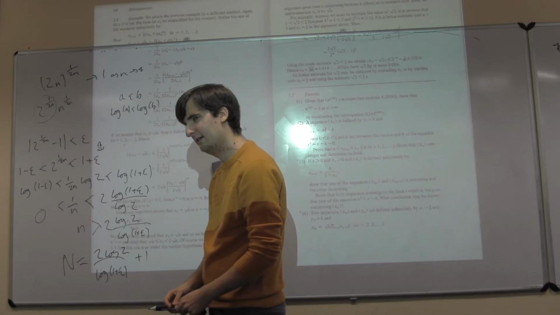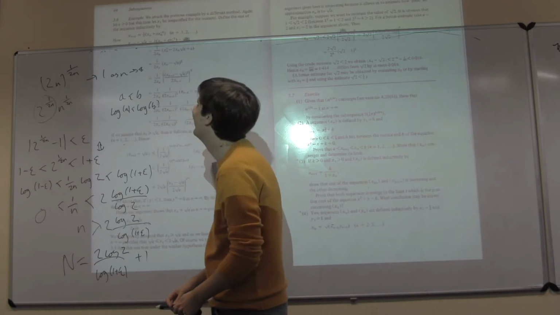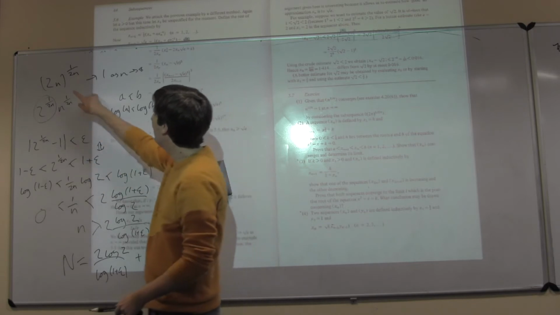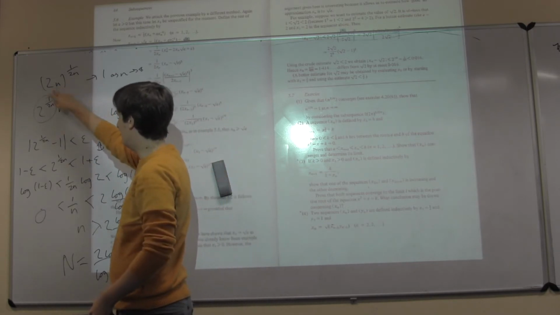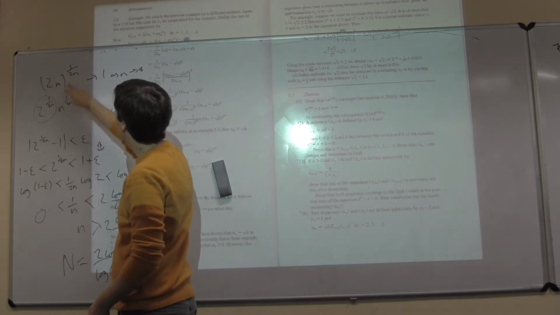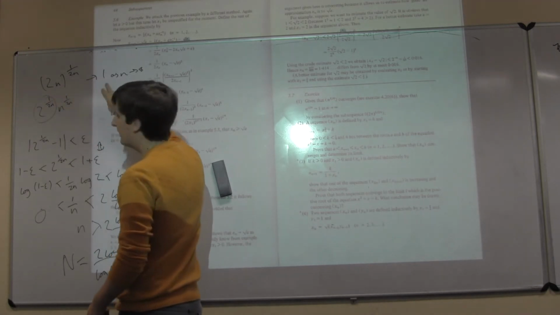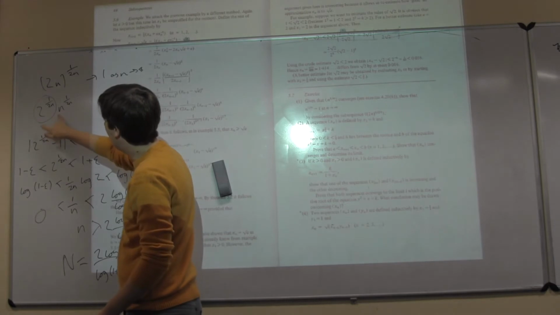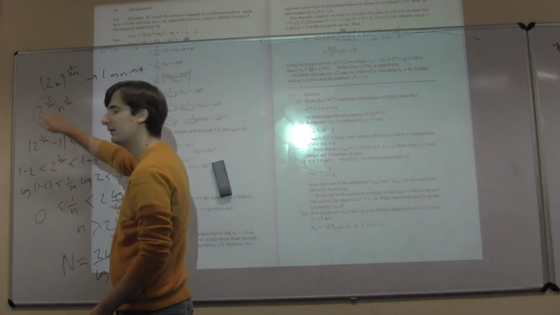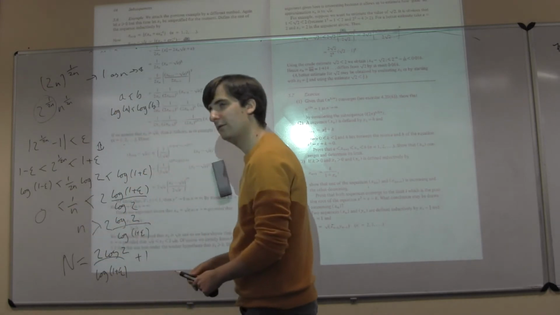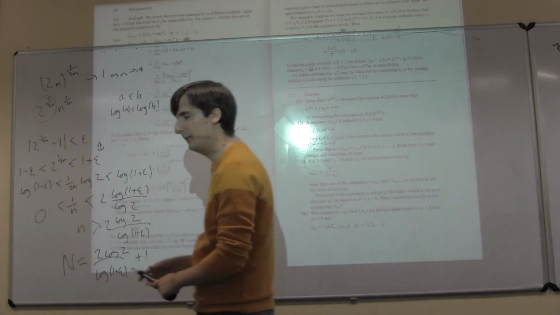I'm confused. What are we trying to prove? Ultimately we were trying to prove that 2n to the power of 1 over 2n tends to 1. To start with, we were just looking at this term, 2 to the power of 1 over 2n. We need to prove first that this term tends to 1.